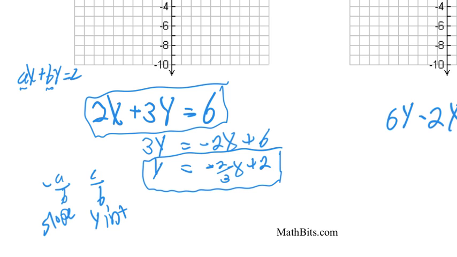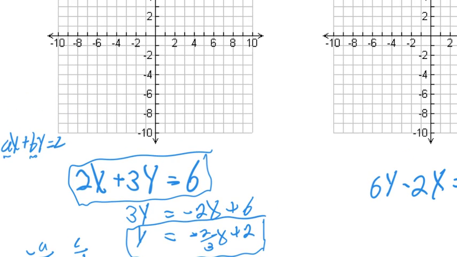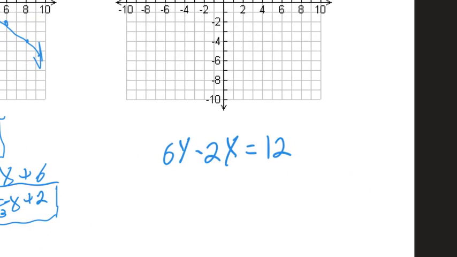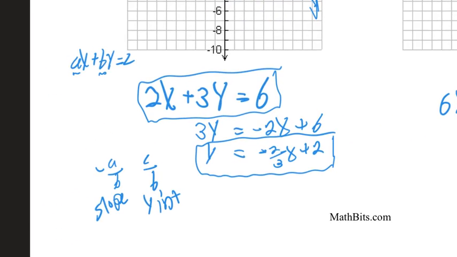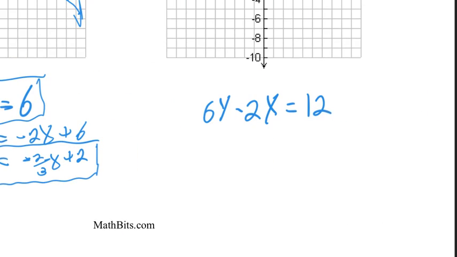Okay? So how would we do that here? Down 2/3, we start at 2. Go down 2/3, down 2/3, down 2/3. Something like that. Okay, what did we say? It's negative a over b and c over b.